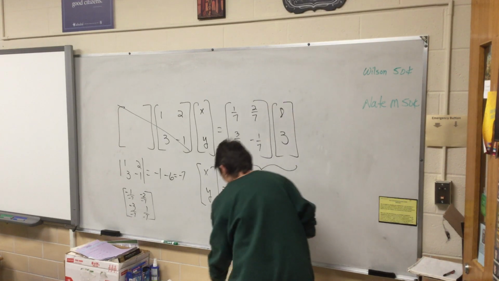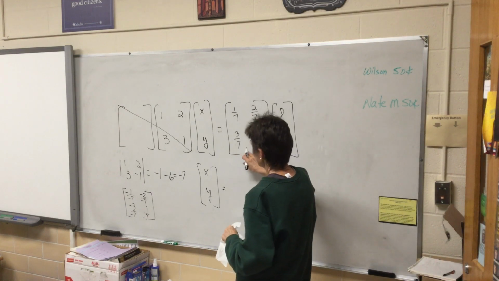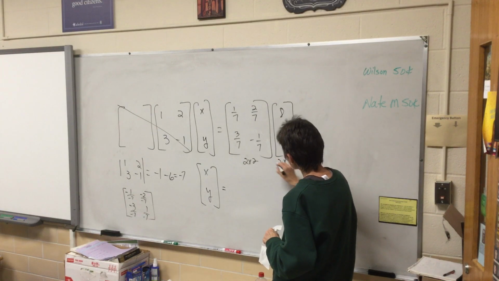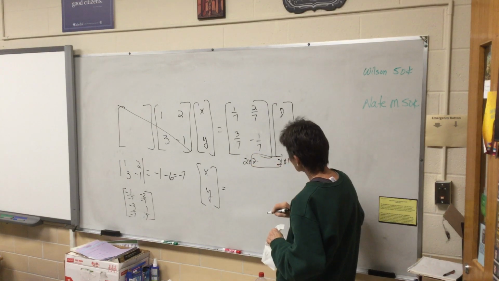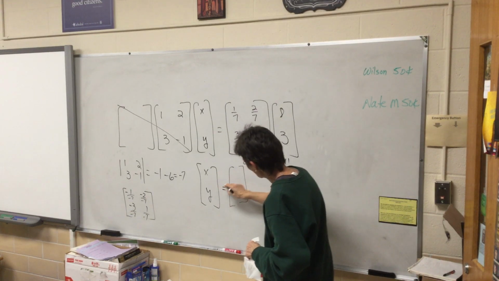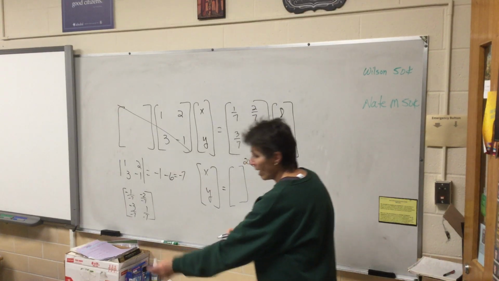What are the dimensions of the inverse? The 2 by 2 and then 2 by 1. 2 by 1, yeah. So it is multipliable, and my answer will be another 2 by 1, which makes perfectly good sense, because it's going to give me x and y.